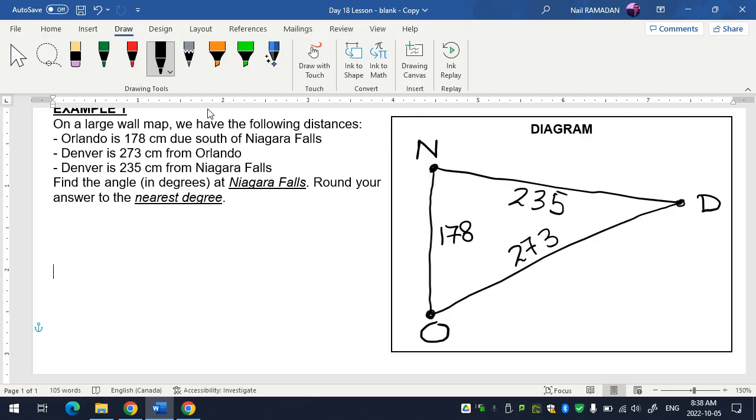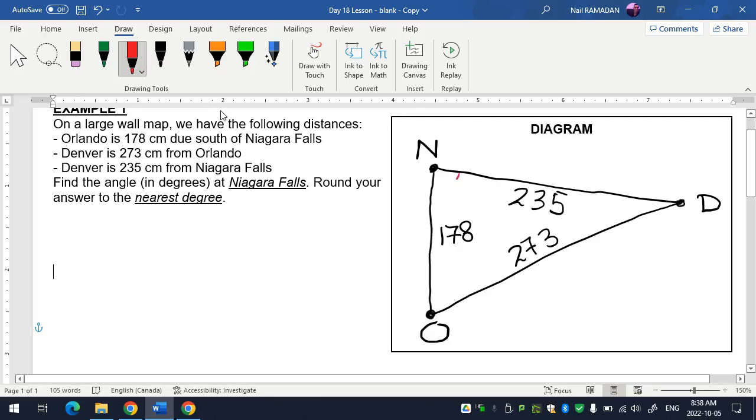Okay, which angle is the question asking us to find? Like at which corner? Well, they're saying find the angle at what? Which one is what? Right here. So everyone, you can circle this or even label it like the questions yesterday did. So kind of like this. This is the angle we want to find.